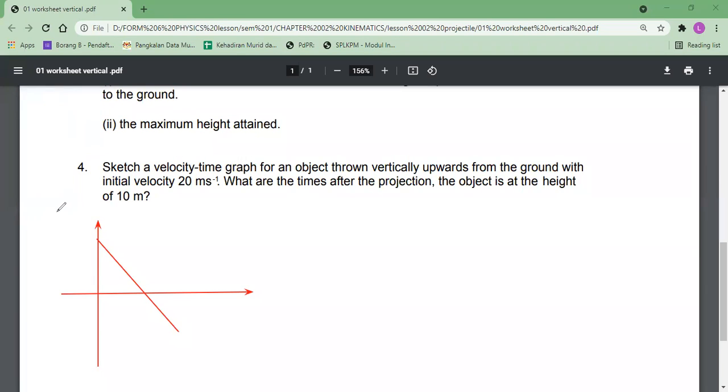This is the velocity v in ms negative 1, and this will be the t in seconds, time. Initially, we throw the object with 20 ms negative 1.